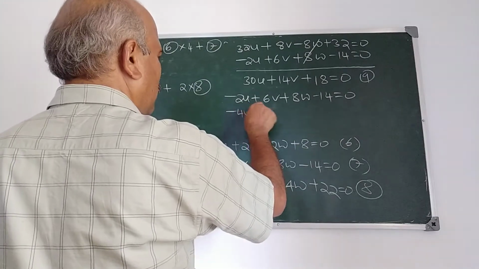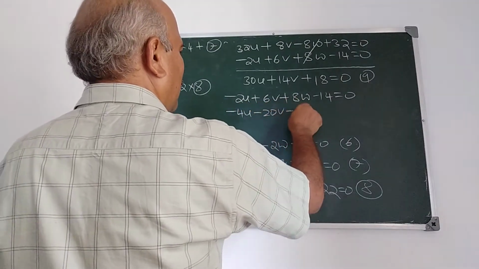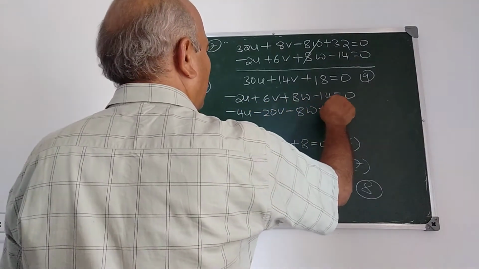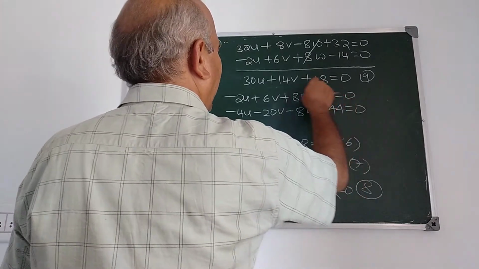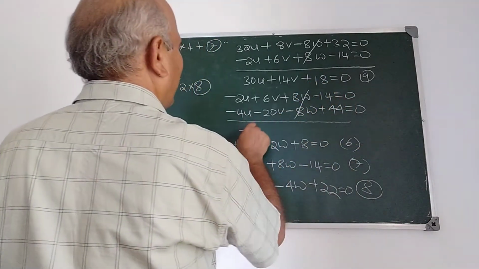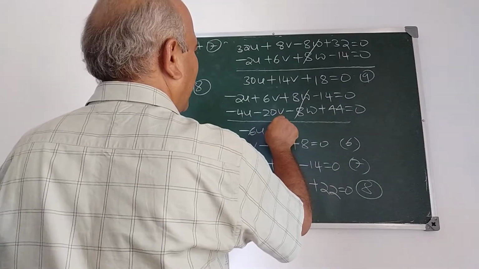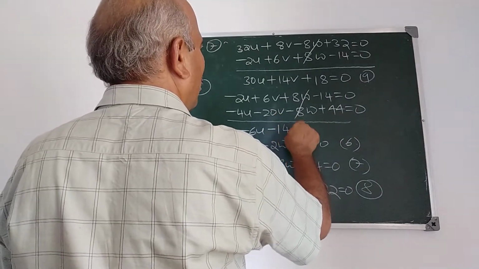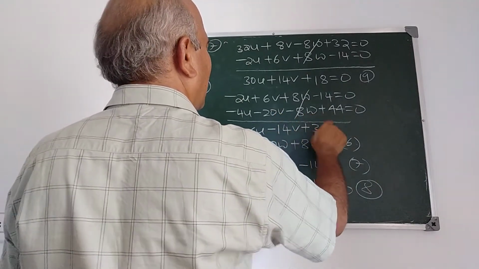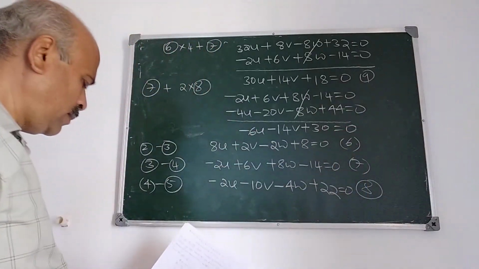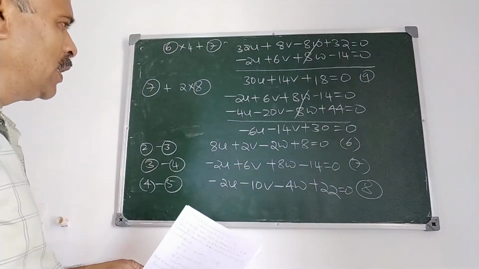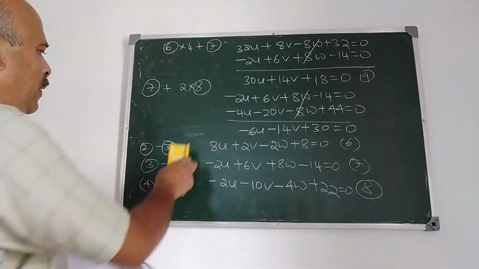Minus 4u minus 20v minus 8w plus 44 is equal to 0. Adding these two cancels. We get minus 6u minus 14v plus 30 is equal to 0.